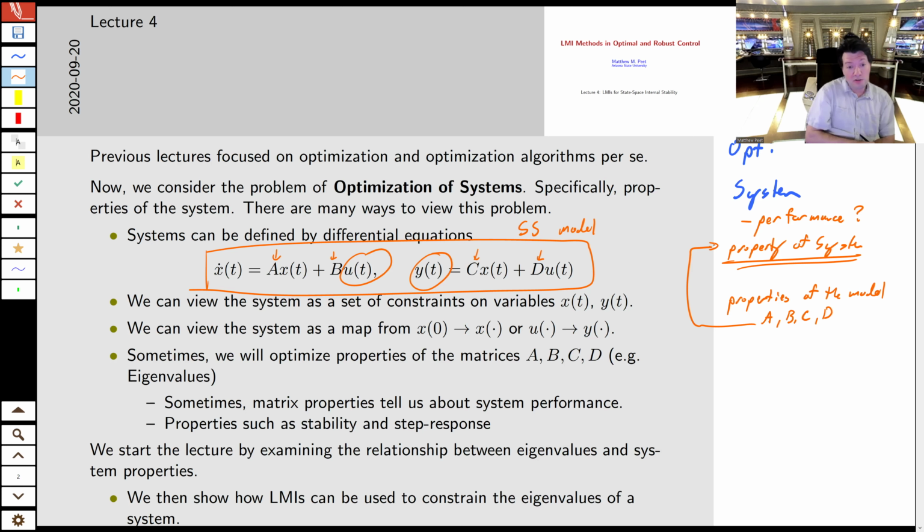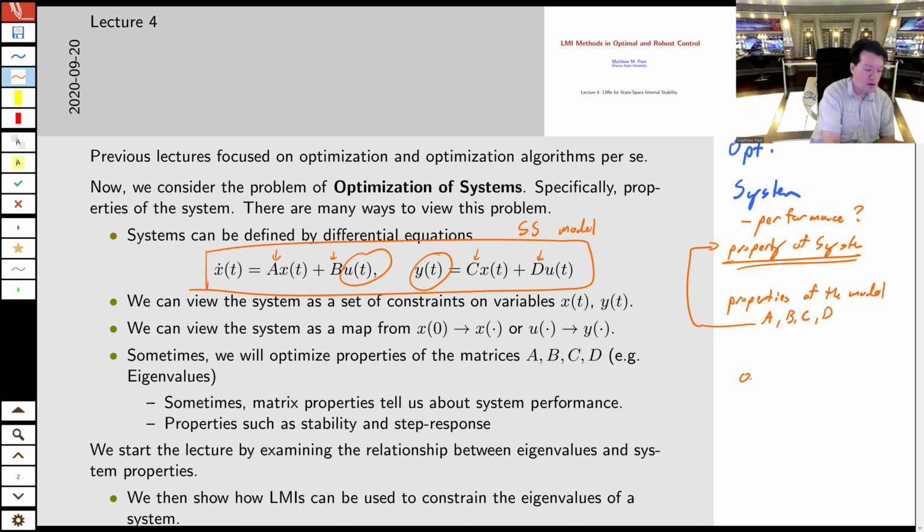But there are other models, right? We could be using transfer functions to model the system, which would give us an entirely different representation. Or maybe there's some third model out there that we're not too comfortable with, but maybe it's there. And so the model itself is not something we care too much about, except for the fact that we can optimize numbers.